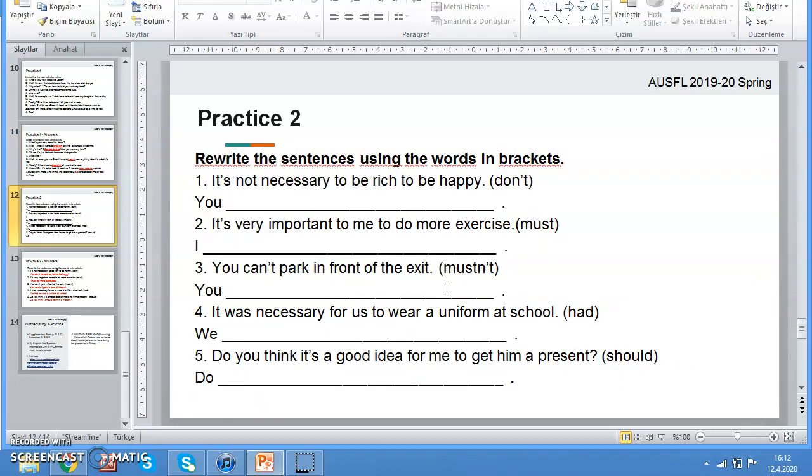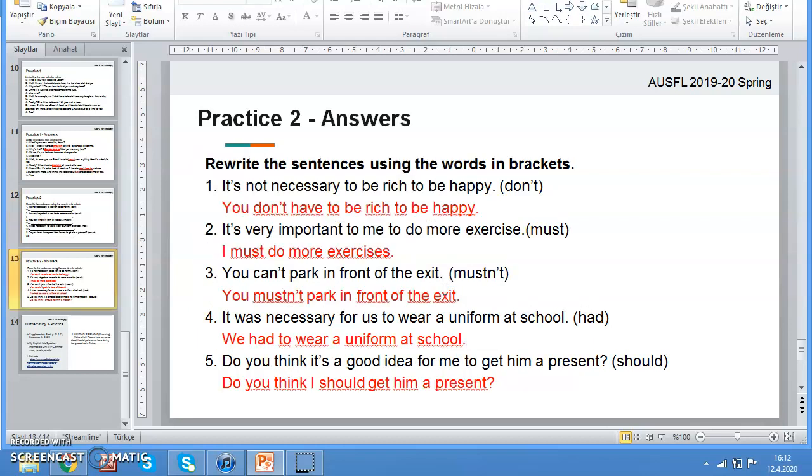And in the second practice, you will rewrite the sentences by using the words in brackets. Please pause here too. And here are your answers.